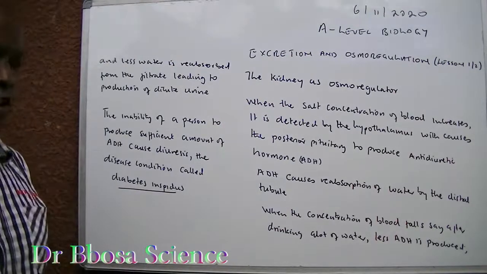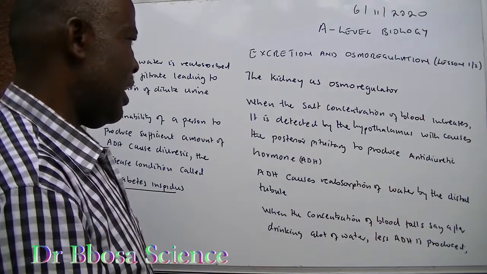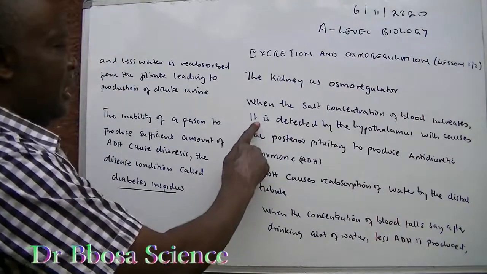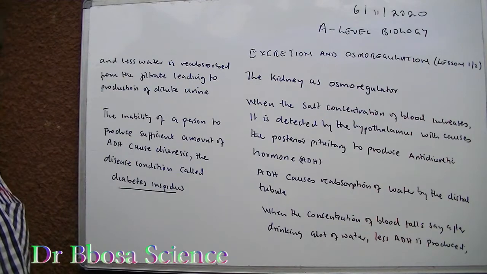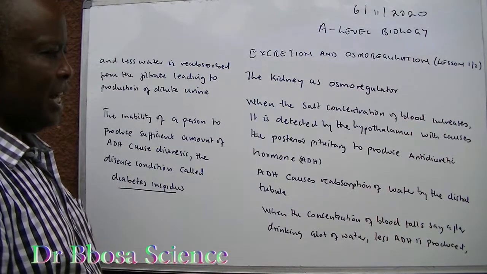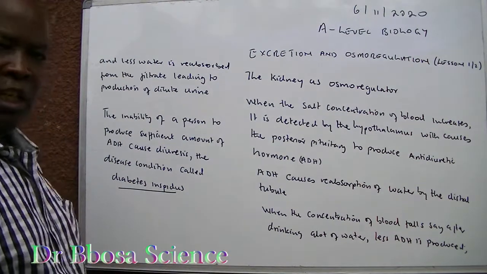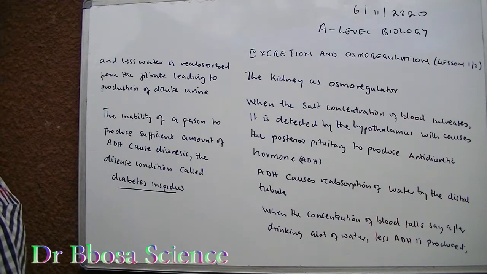The kidney as osmoregulator. When the salt concentration of blood increases, it is detected by the hypothalamus, which causes the posterior pituitary gland to produce antidiuretic hormone, ADH.